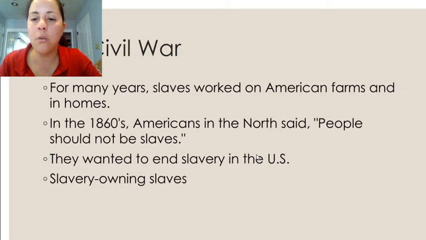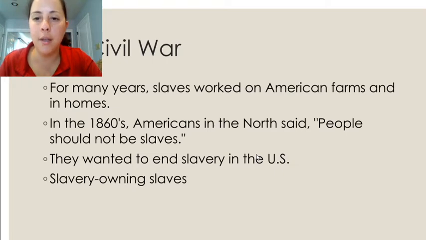The Americans in the North did not want to continue. They wanted to end slavery. They did not want people to have to work on their farms and in their homes. They wanted to give the people their freedom.